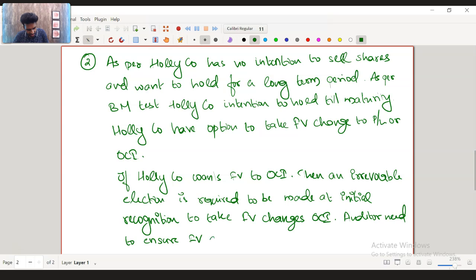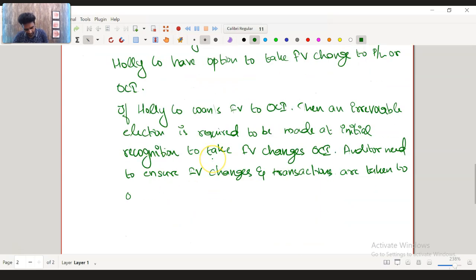fair value changes and transaction cost are taken to OCI and not recognized in P&L.